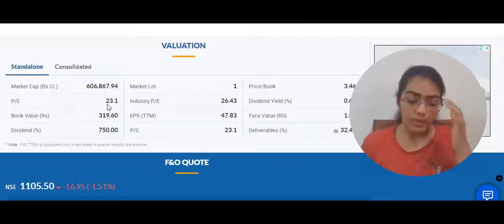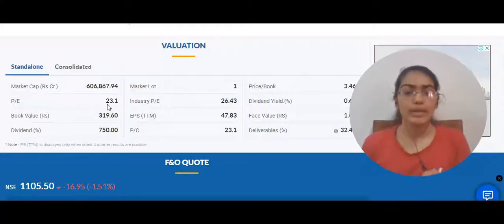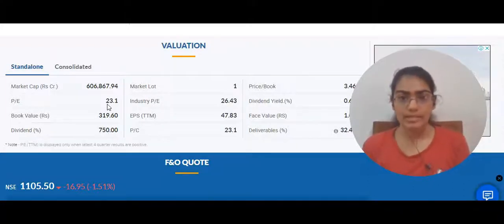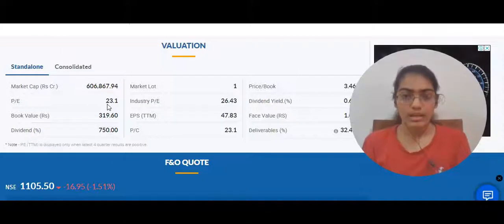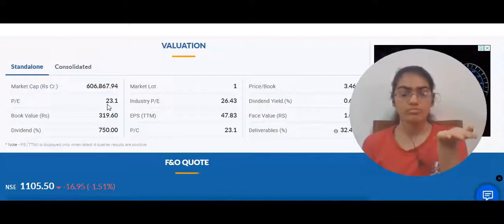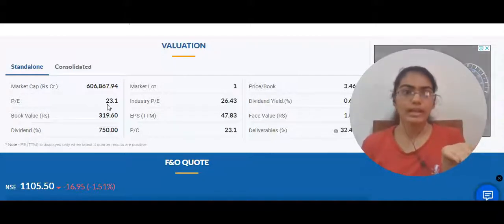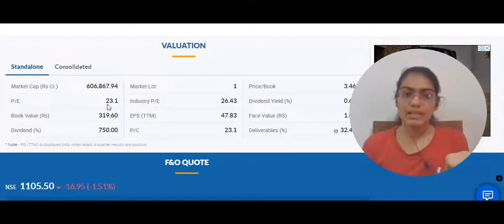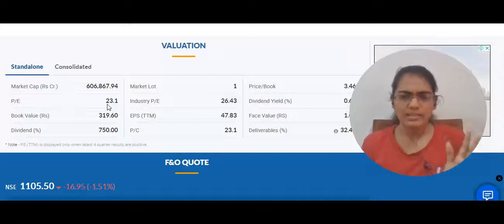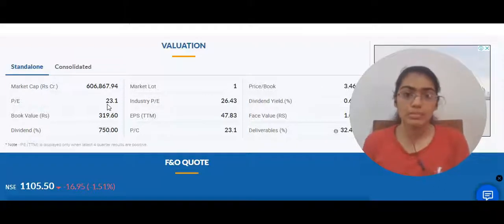Another way of analysis is this: Axis Bank was 76.19 and HDFC Bank is 23.1. So an ideal, instant analysis could mean that Axis Bank is a bit more expensive than HDFC Bank, and HDFC Bank is a bit cheaper.